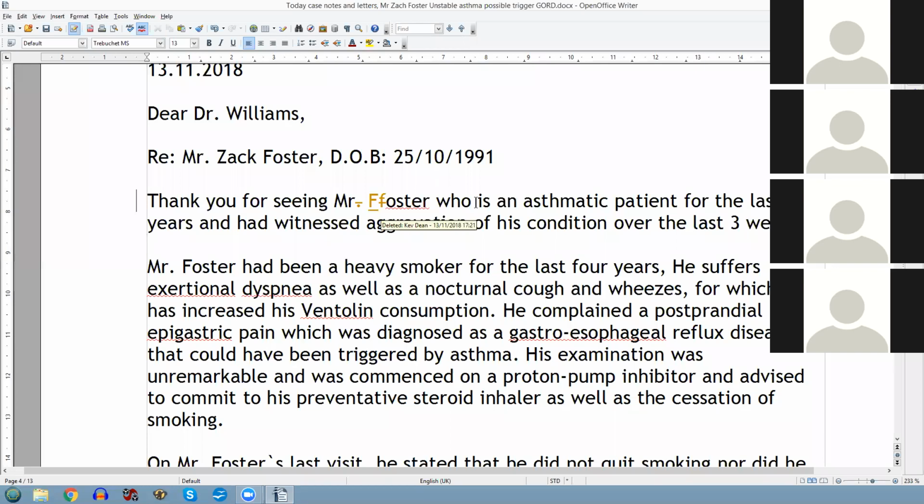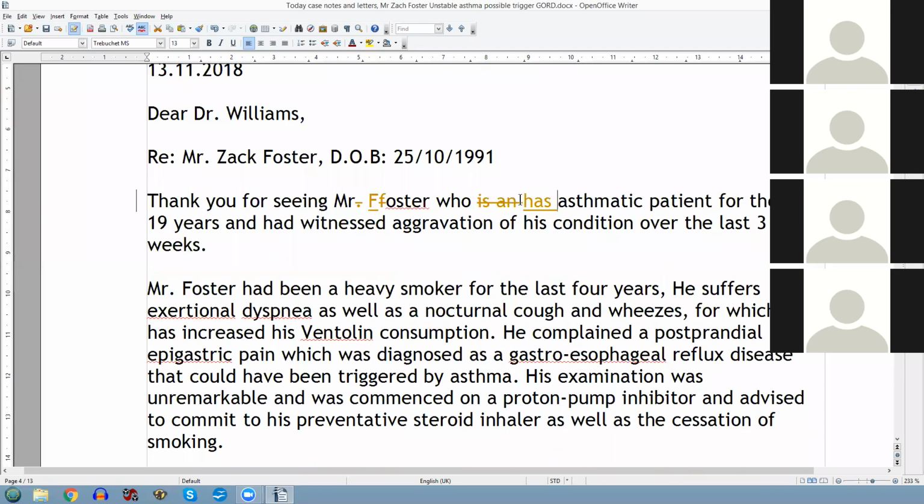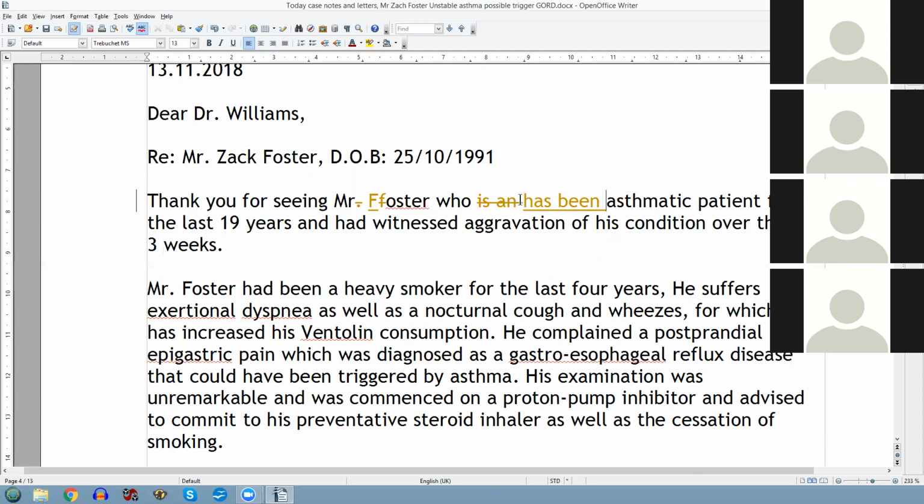Okay, so it would have to be present perfect, who has been. It's been patient for the last 19 years, and had witnessed aggravation. He's a witness? Well, he's not a witness, is he?